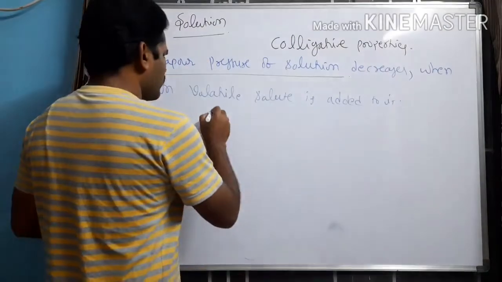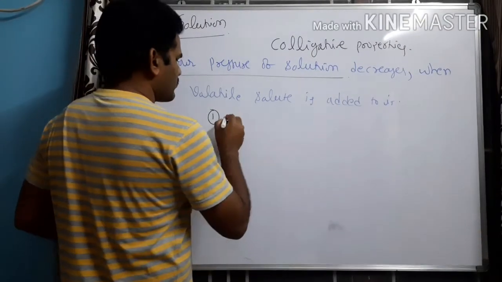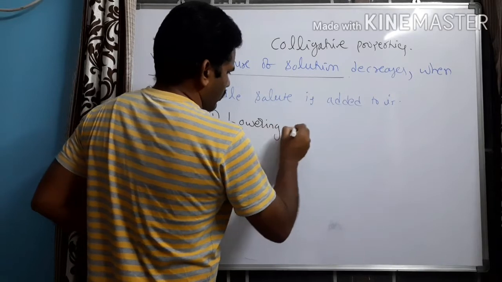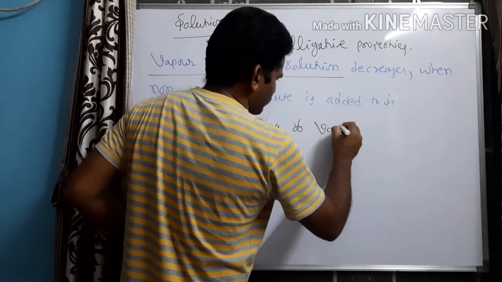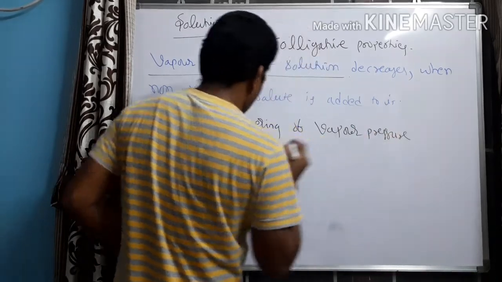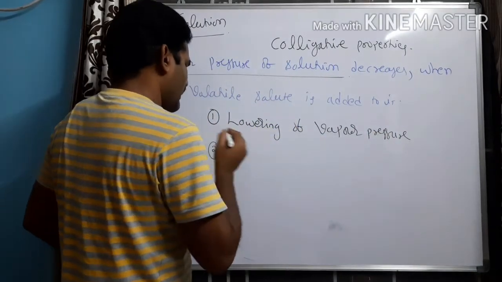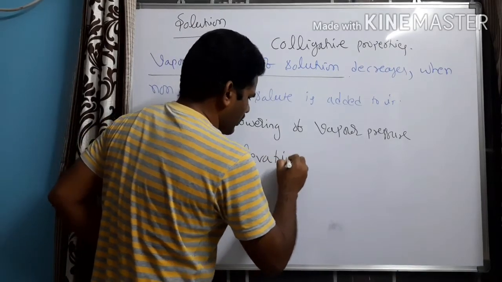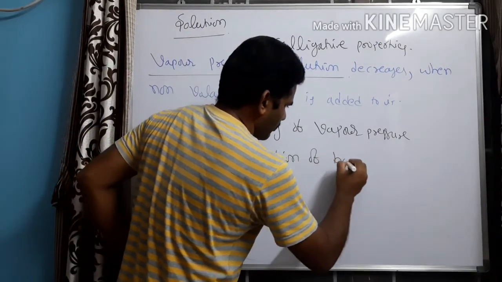There are four important colligative properties. First one is lowering of vapor pressure. Second one is elevation of boiling point.